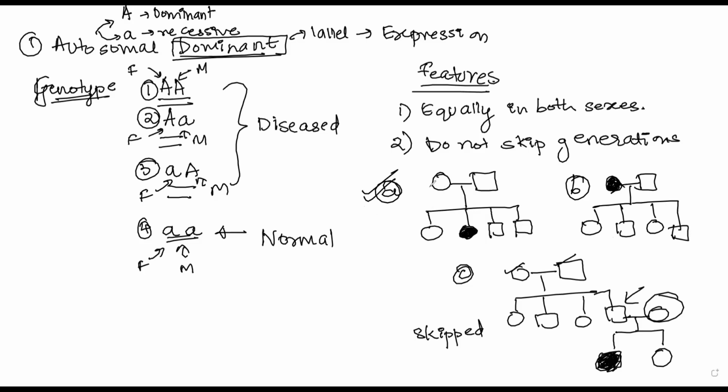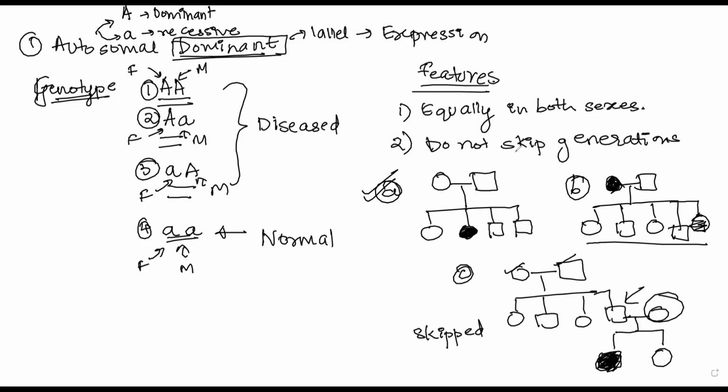Because parents are not affected at all, but children are affected. Then you will say, but in the second case, the children are not affected. But one thing we have to take into account is that parents can be 2, but children can be more than 4, right? So the probability that maybe the 5th child would have the disease can't be neglected.